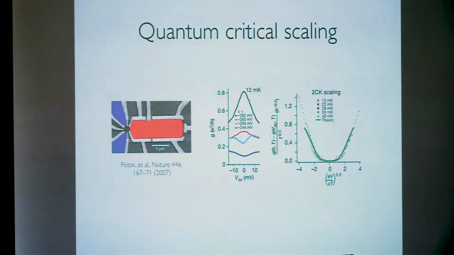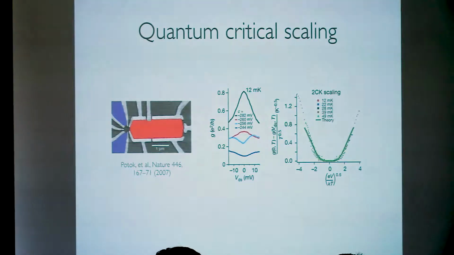All right, what's been seen in the past from the group I was in is only the quantum critical behavior. So try and tune your relevant perturbations to 0 and look at what you get as a function of drain-source bias voltage, temperature, and what you should see is some characteristic scaling collapse.